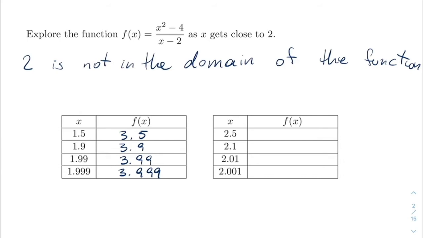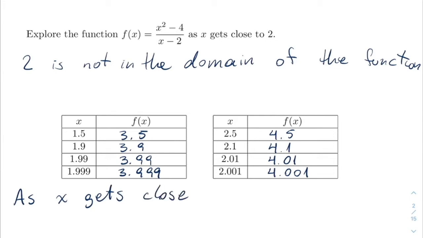So in this case, the values we will get are the following. Okay, so we can notice that even though the function is not defined at x equals 2, as x gets closer and closer to 2, the value of the function gets closer and closer to 4.